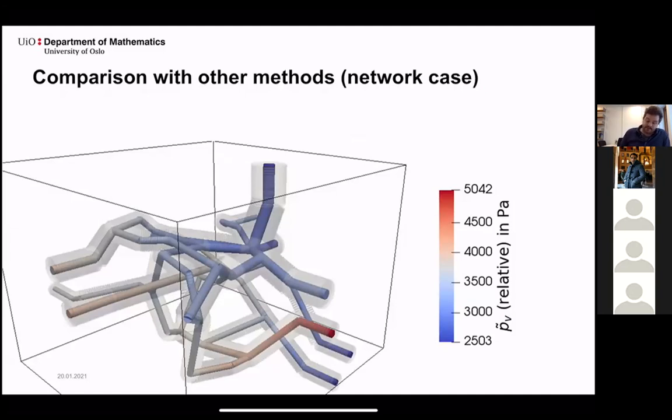But then we have a problem at these points like here, where there's a kink, and at these bifurcation points, because there the zones where we distribute the mass will overlap, and then our reconstruction is not exact anymore.